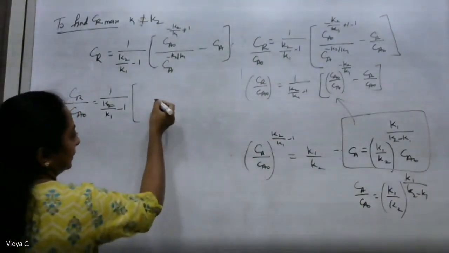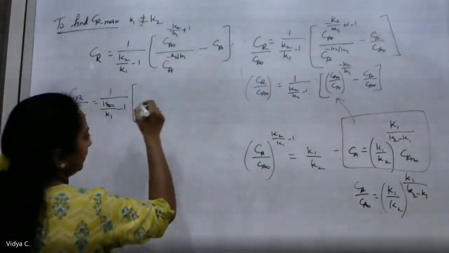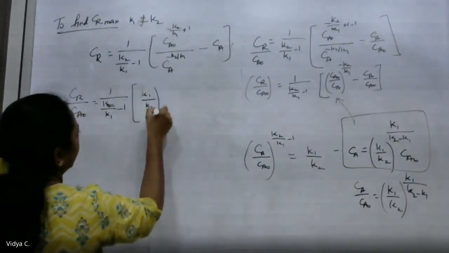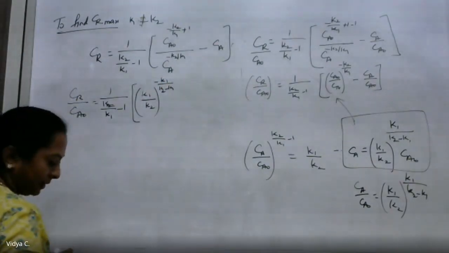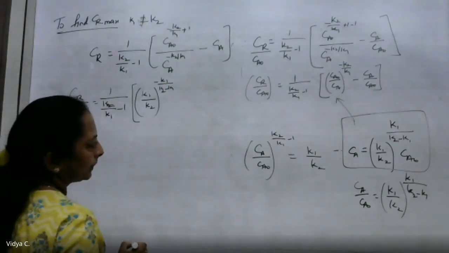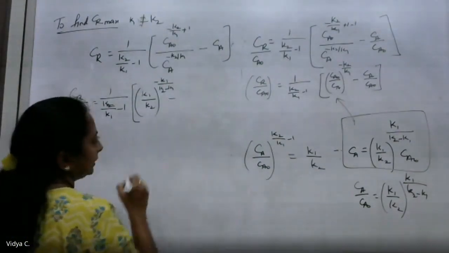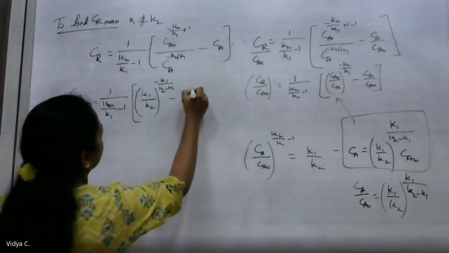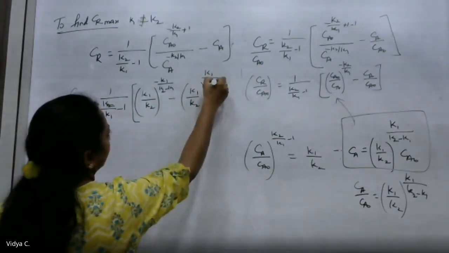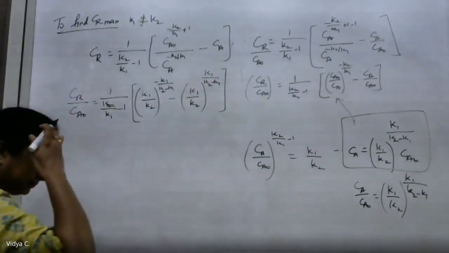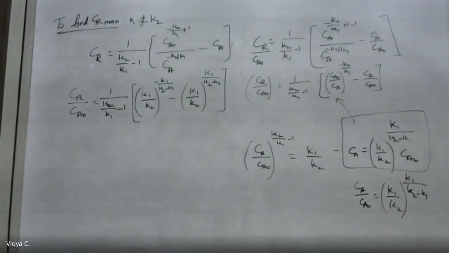So it will be (K1 by K2) to the power of K1 by K2 minus K1, minus CA by CA naught, which is (K1 by K2) to the power of K1 by K2 minus K1. Did I miss something?